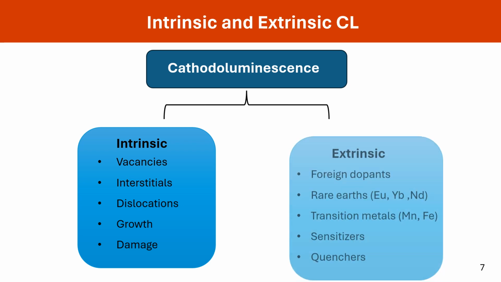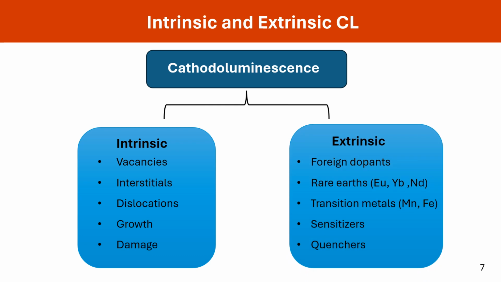And on the other side, extrinsic CL is a result of emission because of the presence of foreign dopants. So rare earth elements and transition metals like manganese and iron can have a very strong CL signature, even when they are present in small quantities. These defects can result in a very rich CL spectrum.